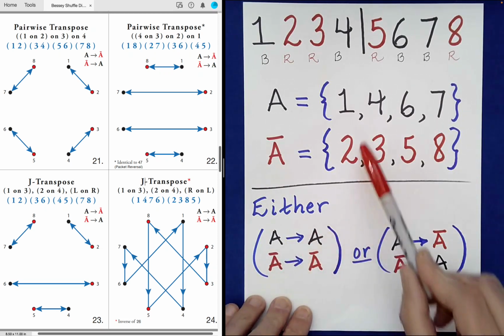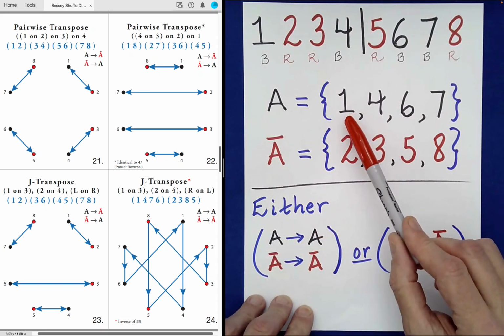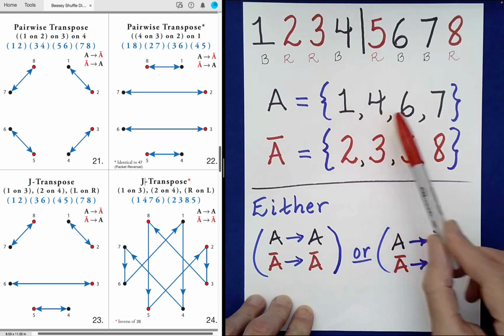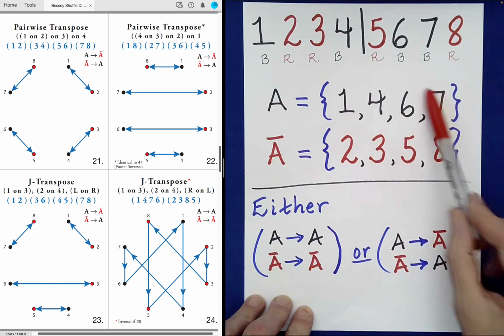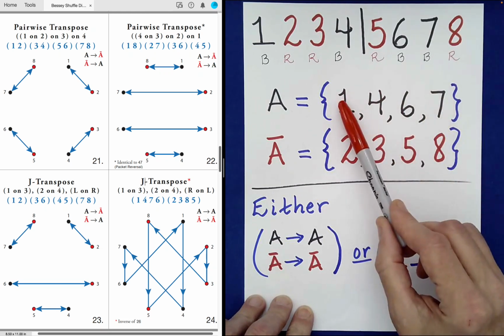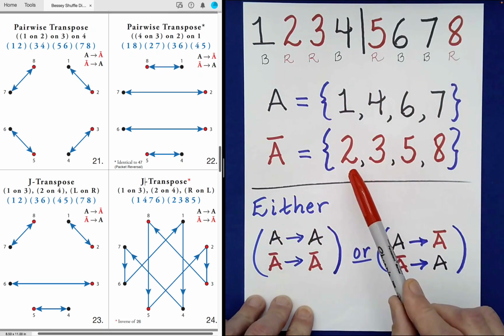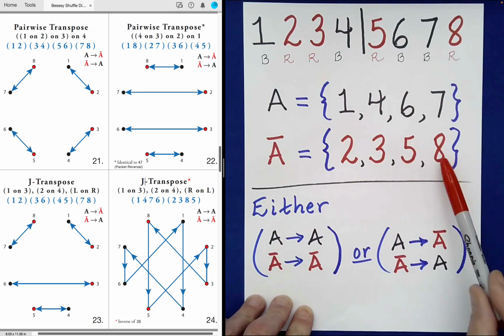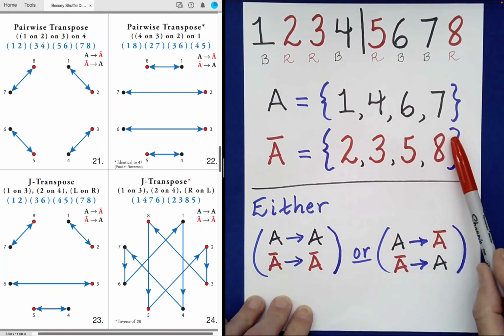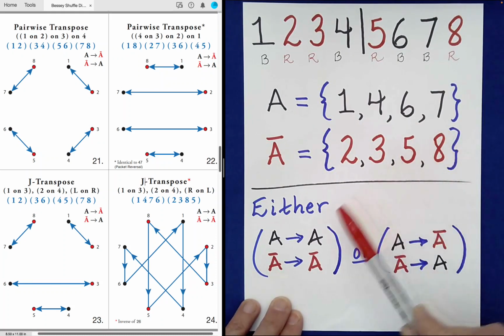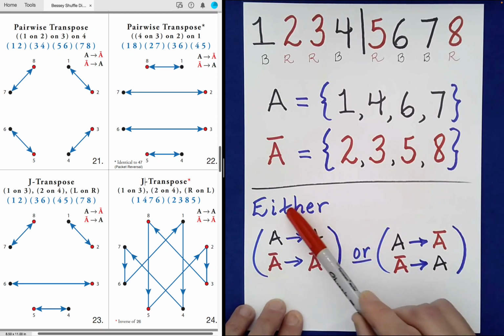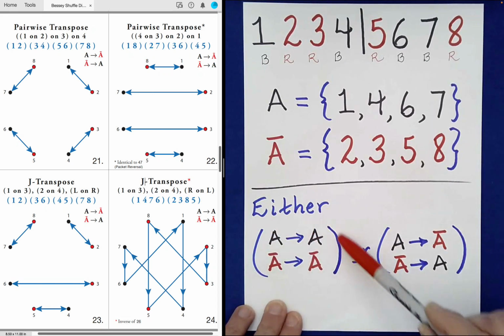Either the cards that originally began in positions 1, 4, 6, 7 will remain in those positions, as well as cards in positions 2, 3, 5, 8 will remain within those positions. If such an outcome occurs, we describe it as indicated here.